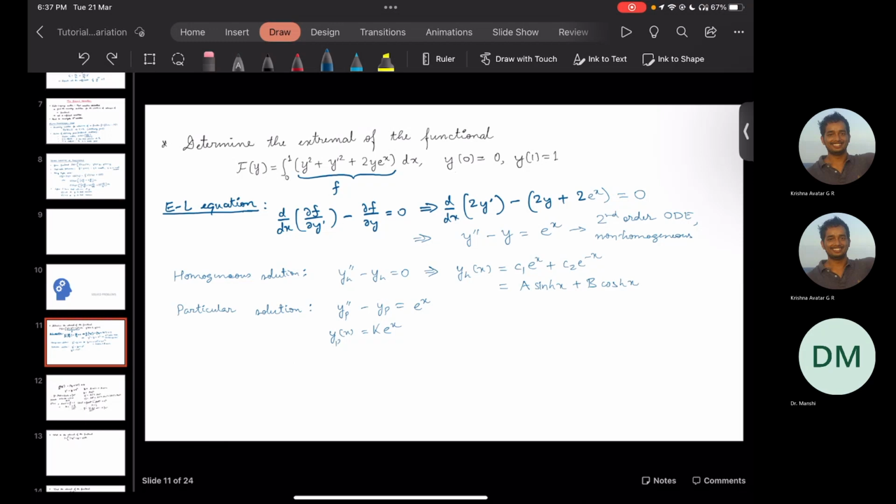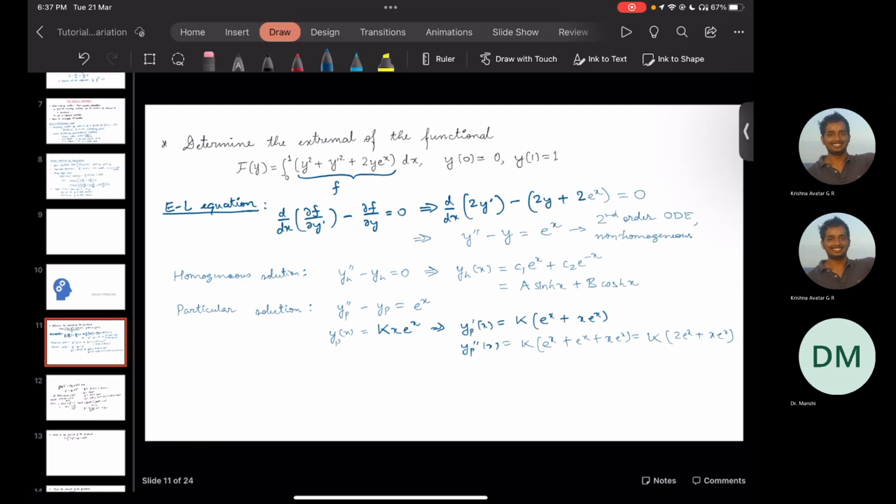So what we do is we'll take an assumed solution of the type k x e to the power x. Fine. Then this implies that yp prime of x is equal to k e to the power x plus k x e to the power x. Likewise, yp double prime of x is equal to k e to the power x plus k e to the power x plus k x e to the power x, and this gives us 2k e to the power x plus k x e to the power x, right?